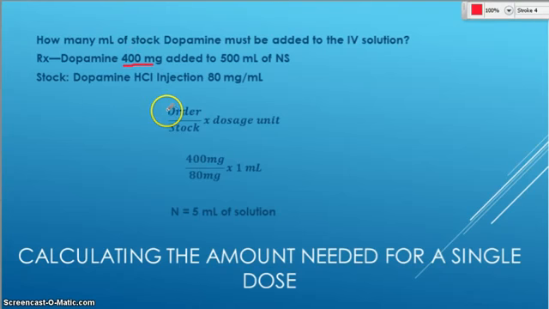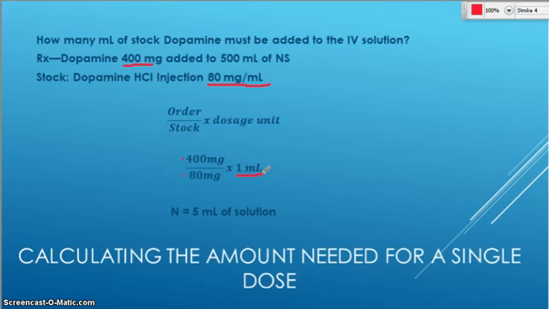The doctor ordered 400 milligrams, so that's what goes on top, what he ordered. The way the medication comes in stock, the stock dopamine is 80 milligrams per 1 ml. So the 80 goes on the bottom, that's the strength, and it comes per 1 ml. That's our dosage unit.